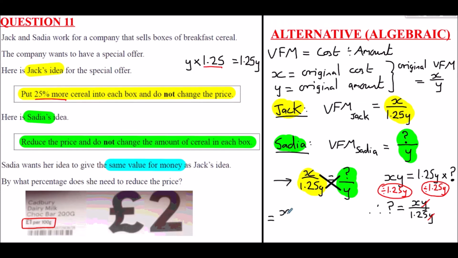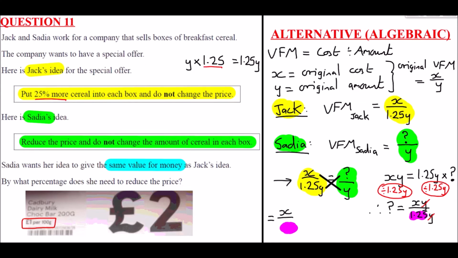Now, what I'm going to do here, I'm going to think about what 1.25 would be as a fraction. Okay, so as a fraction, 1.25 is the same as 5 over 4.